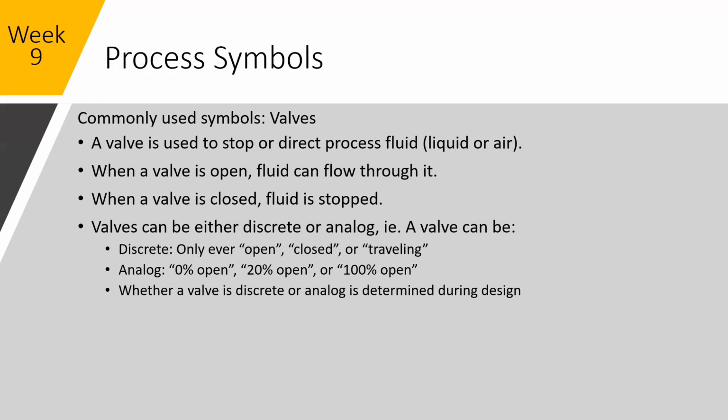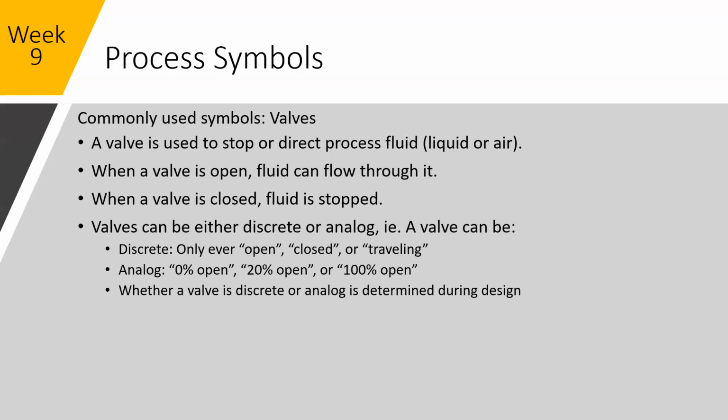Whether the valve is discrete or analog will typically be determined during the design, based on what the valve is doing, whether it's trying to stop flow completely or throttle flow.